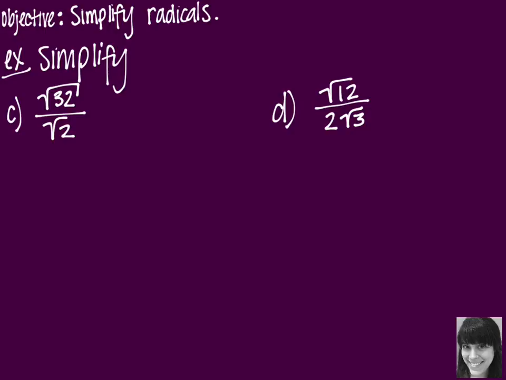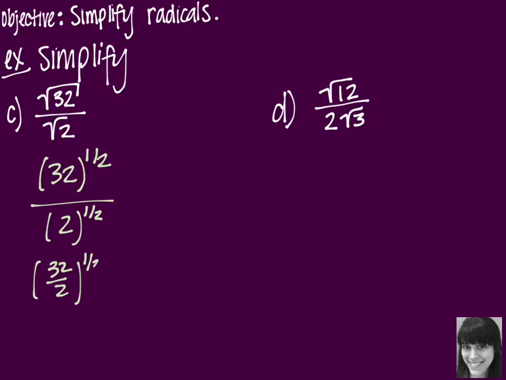I know that the square root of 32 is the same thing as 32 to the 1/2. I know that the square root of 2 is 2 to the 1/2. Okay? So what I can do is I can combine those into one square root. So I have 32 over 2 to the 1/2.